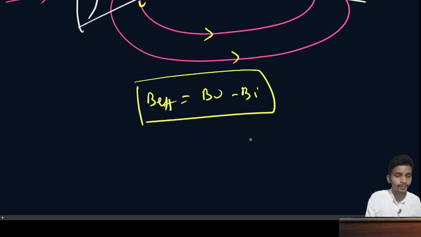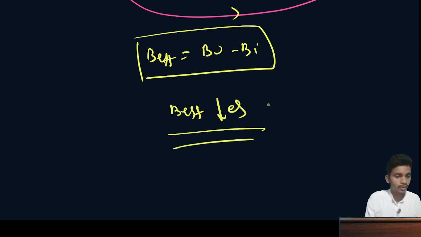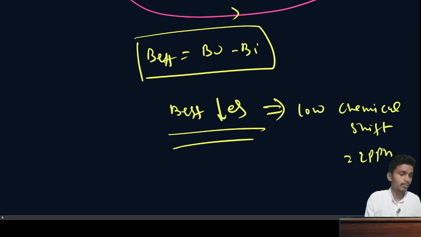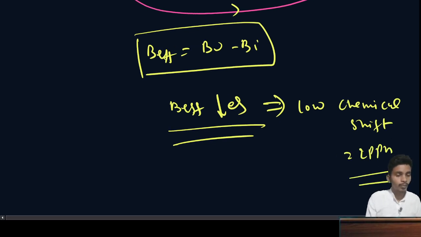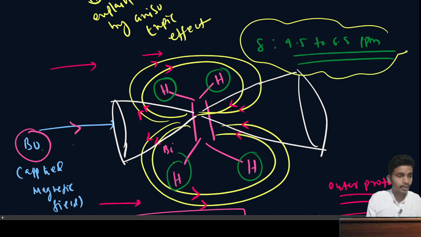It means that B effective at H decreases. That's why here we see a low chemical shift, that is 2 ppm. For alkene systems, the protons are outside the cones. That's why we see the chemical shift as 4.5 to 6.5 ppm. So this is all explained by the anisotropic effect.